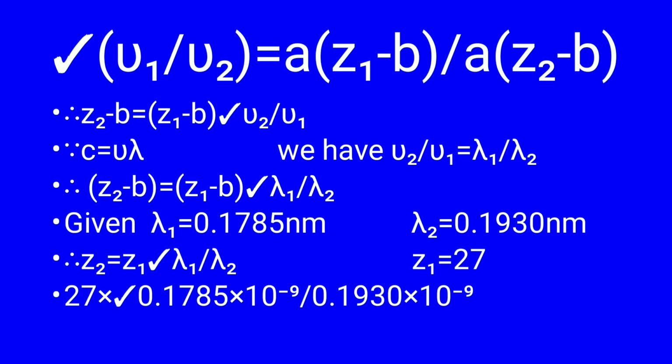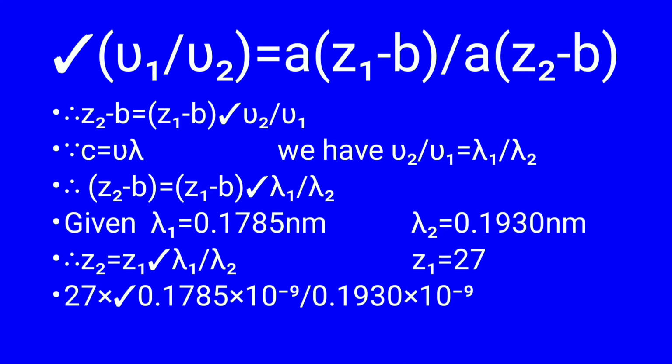We know that C is equal to nu lambda. Therefore, nu2 divided by nu1 will be equal to lambda1 divided by lambda2. Then it will become Z2 minus B equal to Z1 minus B into square root of lambda1 divided by lambda2. From the problem, the values are lambda1 equal to 0.1785 nanometer, lambda2 equal to 0.1930 nanometer.